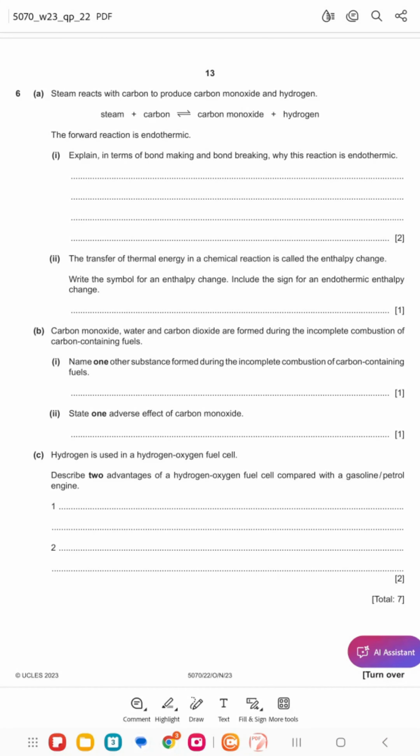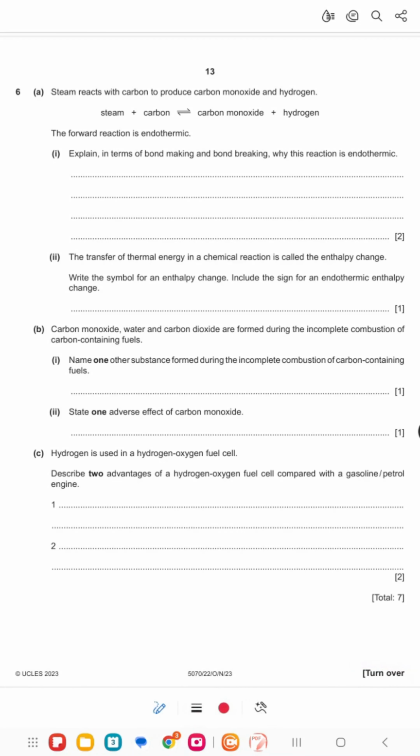Now, this is a question from October-November 2023, variant 2.2. Steam reacts with carbon to produce carbon monoxide and hydrogen. The forward reaction is endothermic. Explain in terms of bond making and bond breaking why this reaction is endothermic.